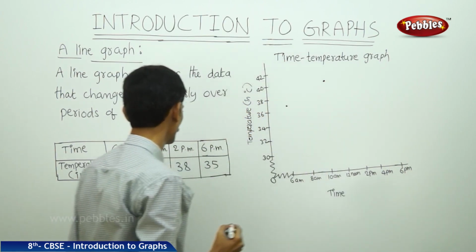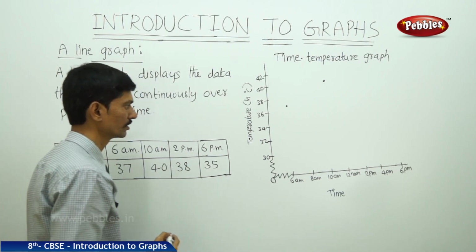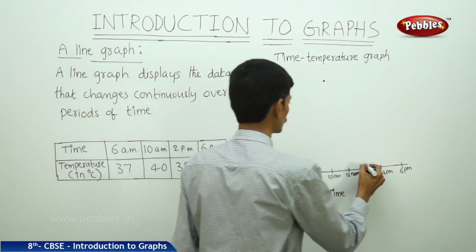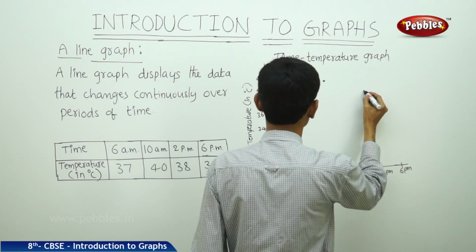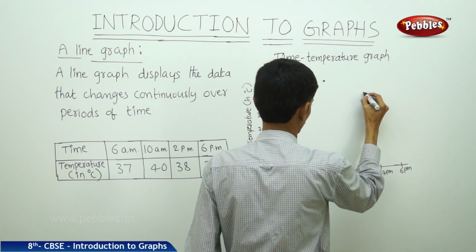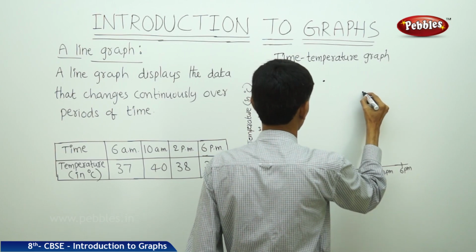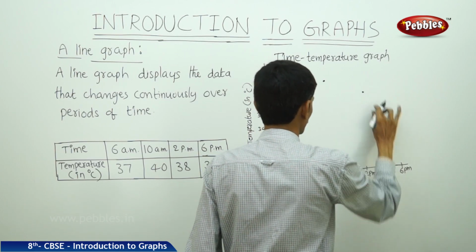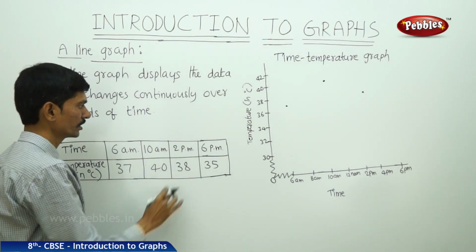The next, at 2 pm her body temperature was 38 degrees centigrade. So this point represents that her body temperature at 2 pm was 38 degrees centigrade.